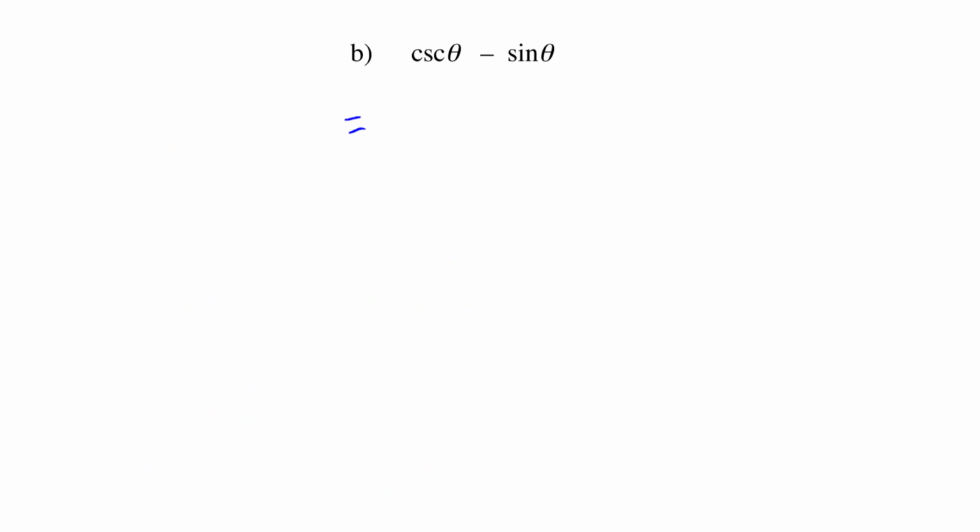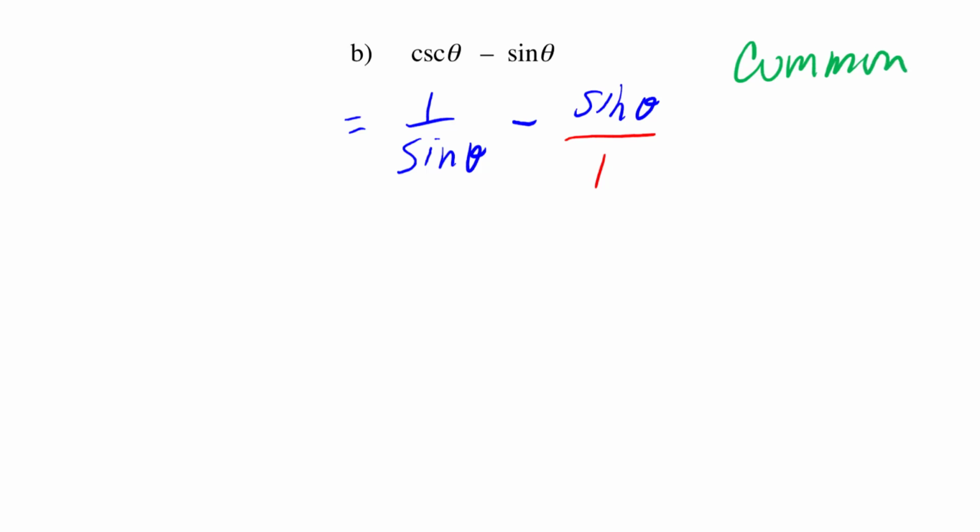Okay, our next example, cosecant theta minus sine theta. Cosecant, of course, is 1 over sine theta, minus sine theta over 1, really. Now this time, they don't have the same denominator, but there is only one denominator, sine theta, so the common denominator is sine theta itself.